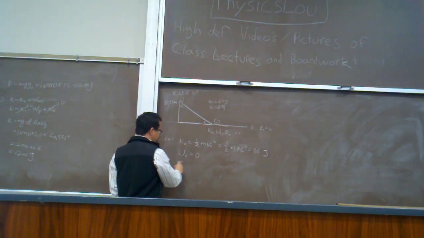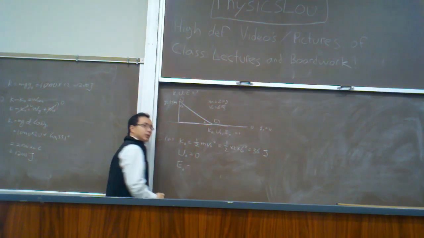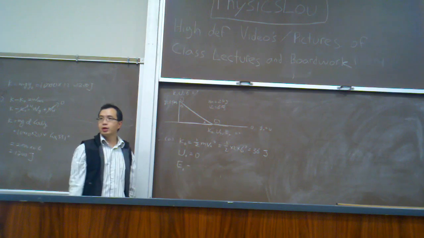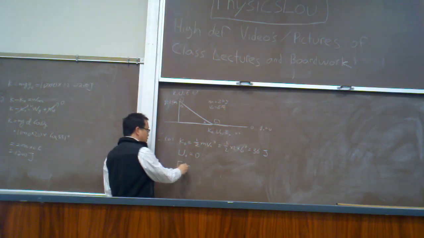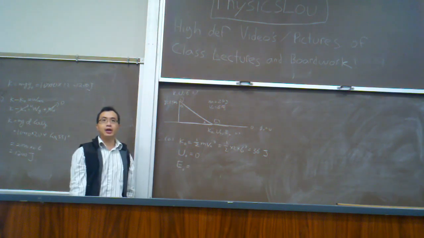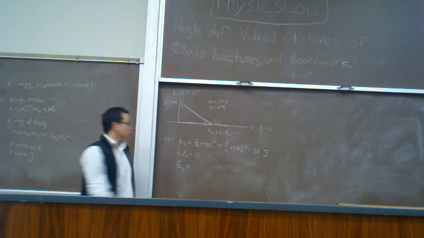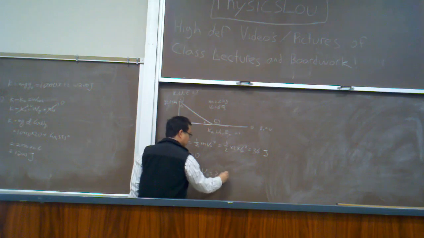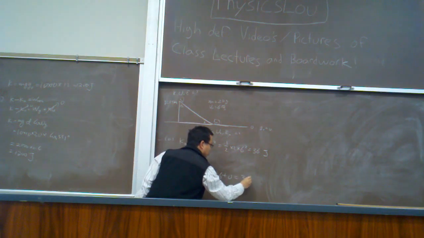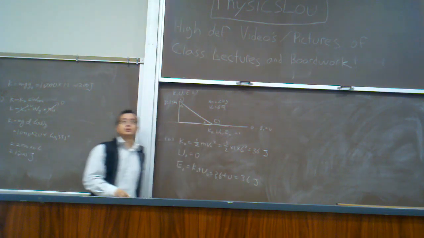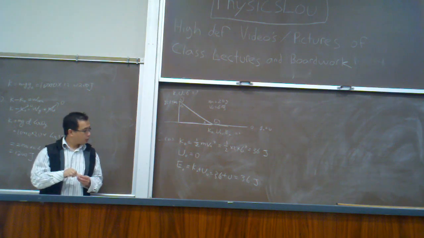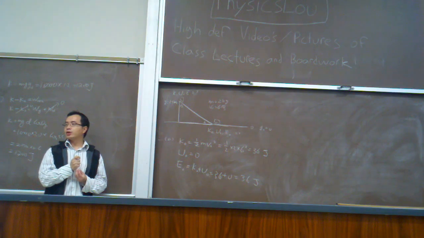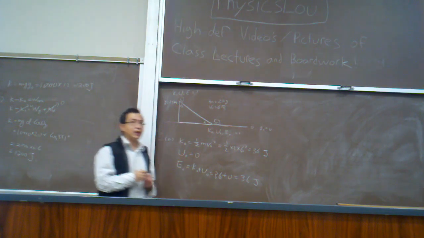Now, how do we calculate E naught, the mechanical energy at the initial point? By definition, it's the summation of the kinetic energy and the potential energy, so K naught plus U naught equals 36 joules. So the three initial quantities can be calculated directly from the definition.